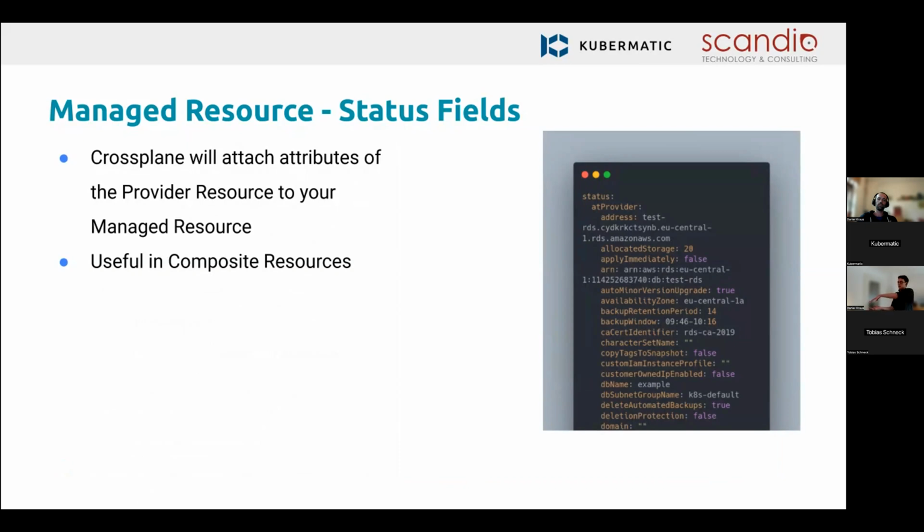Crossplane allows you, in a feature called composition, to template these fields across resources to build some stuff. They're comparable to the Terraform modules, if that says anything to you. And those are updated and reconciled continuously, which is one of the things that makes Crossplane interesting.